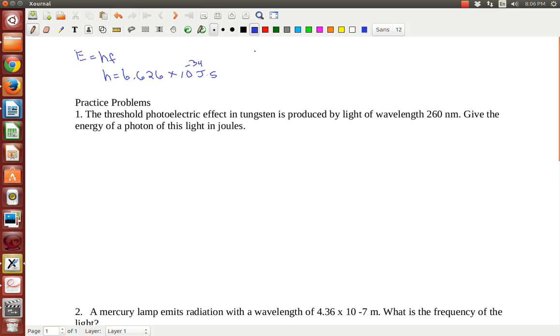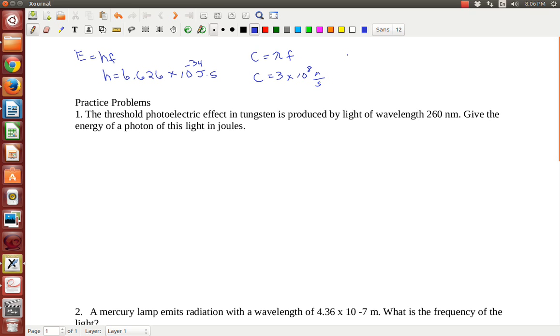And the other formula relates the speed of light to the wavelength, lambda, and the frequency. You will also always be given the value for the speed of light, which is 3 times 10 to the 8th meters per second. You may remember that from physical science.